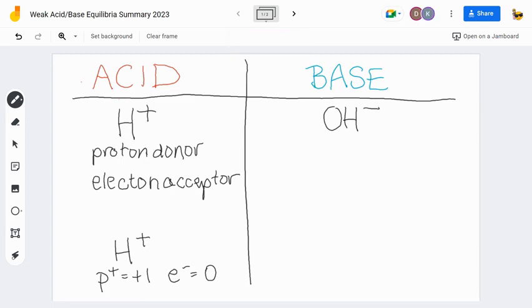So if an acid is a proton donor, a base must be a proton acceptor. If an acid is an electron acceptor, a base must be an electron donor. And now all of a sudden you have all 3 of our definitions of an acid.